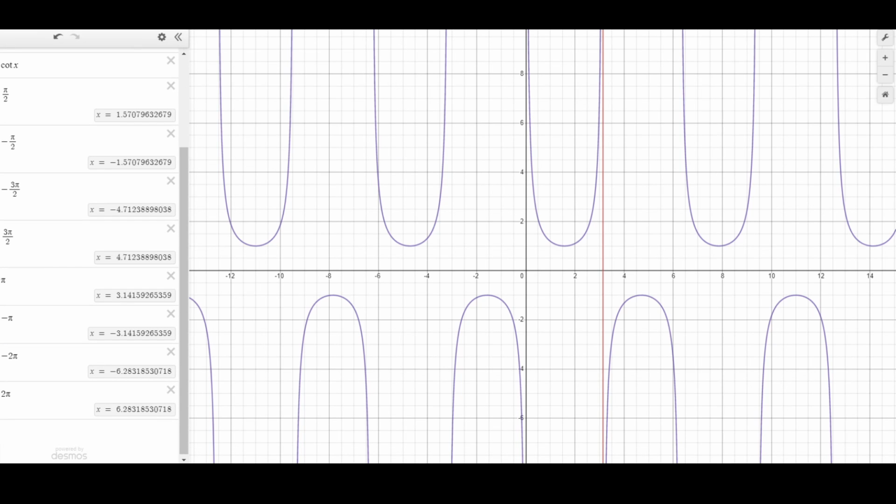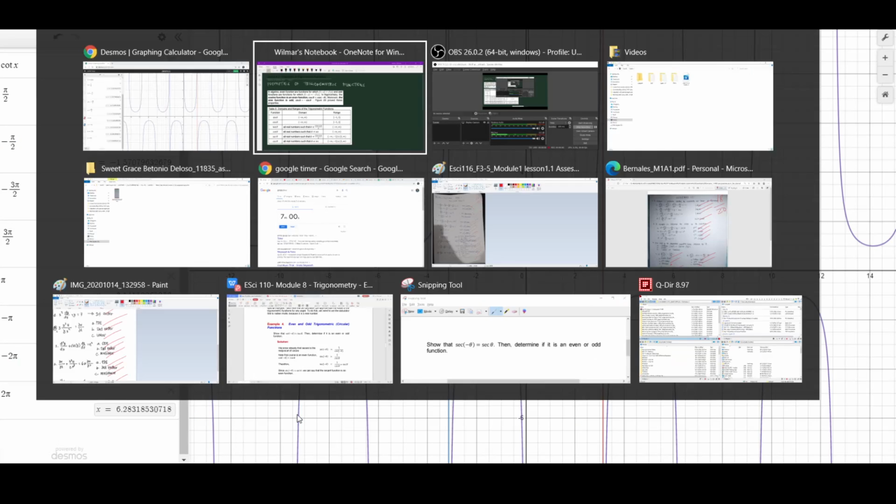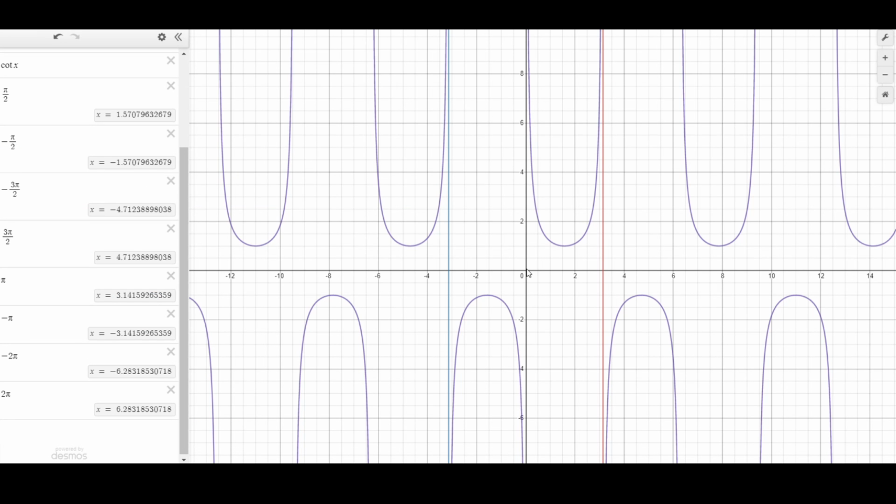What if x is pi and negative pi? There you have it. If n is 0, of course that would pass through the origin, x is equal to 0. If n is negative 2, we get x equal to negative 2 pi, and for 2, that would be 2 pi.